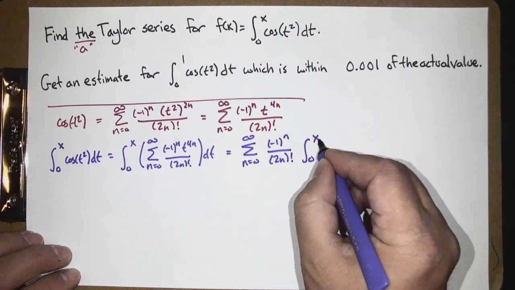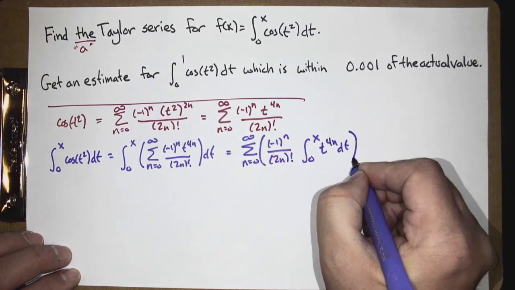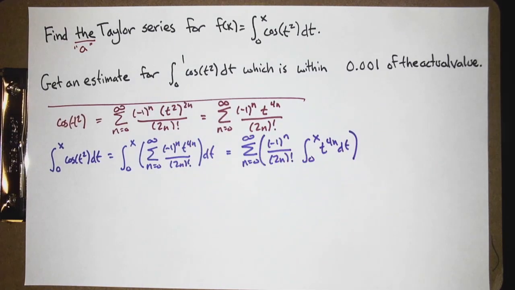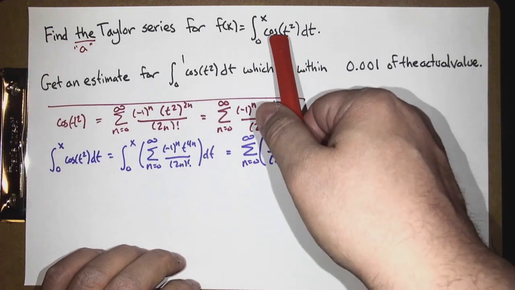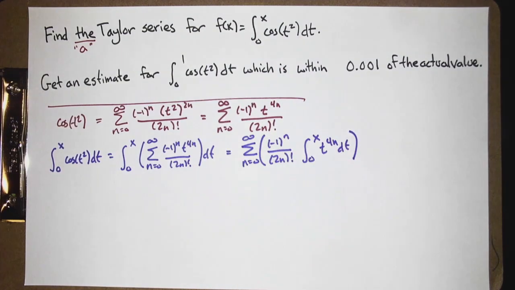There's this integral from 0 to x, t to the 4n dt. So we push the integral through the sum. And the good news is, while cosine t squared is hard, the integral of t to the 4n is not.